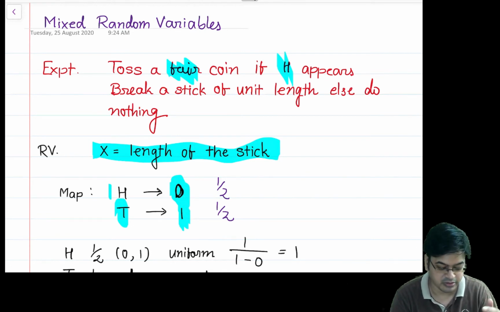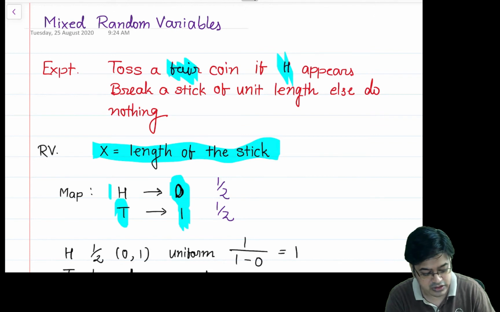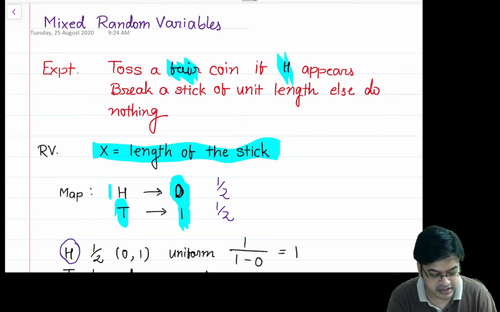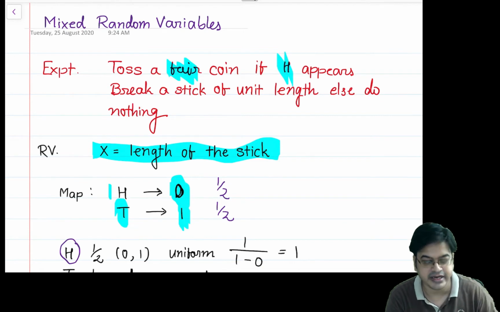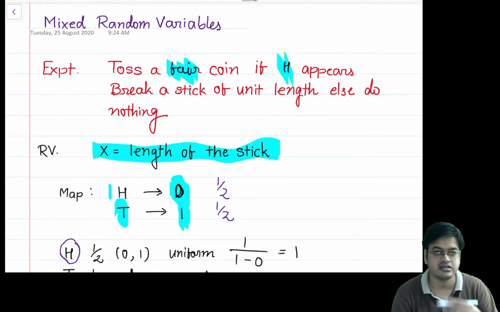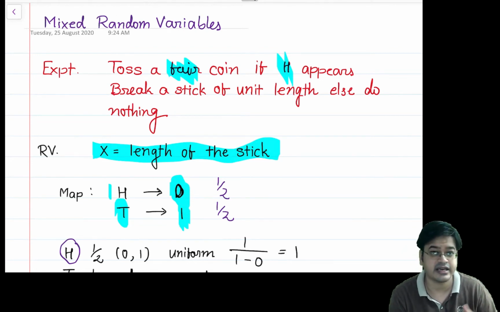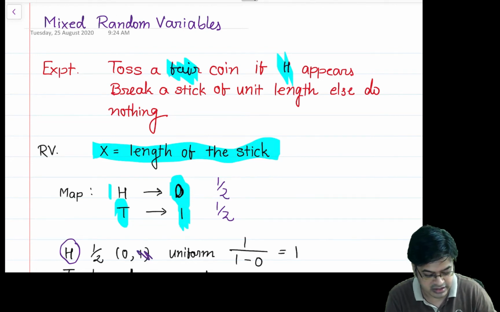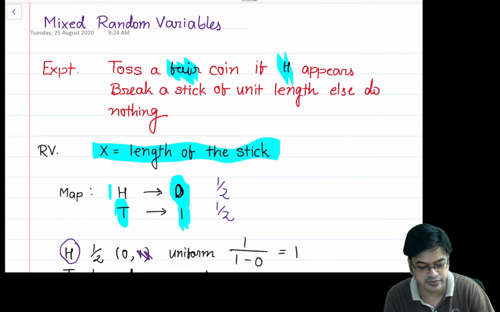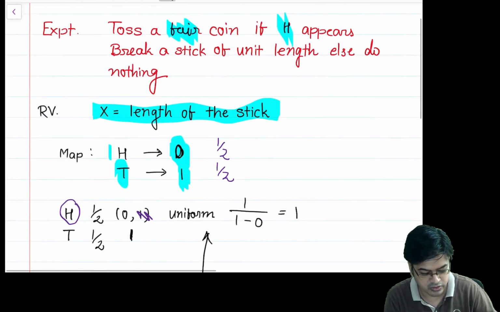Now when head occurs, which happens with probability half, I will take a stick and break it, and the stick has a unit length, therefore I can break it at any point. So I will consider a uniform 0 1 distribution over the interval.